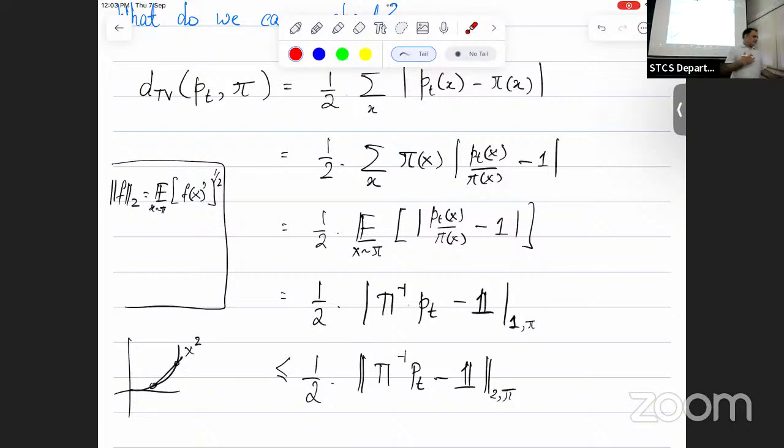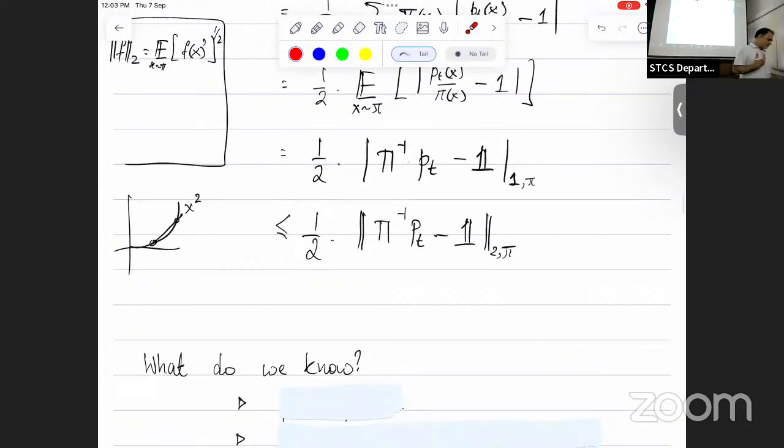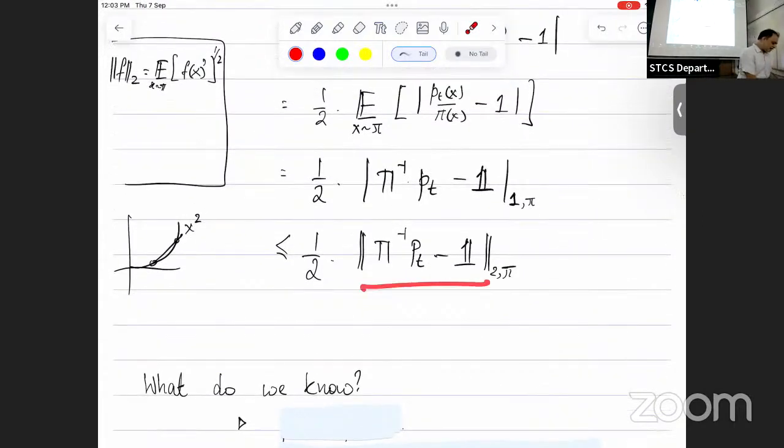Okay, and now what I would like to know is that I want to somehow show that as t goes to infinity, as t becomes larger and larger, I want to say this keeps shrinking and shrinking and shrinking. Okay, now I want to give a sense of what is the dream situation. The dream situation could be like whatever this vector is.